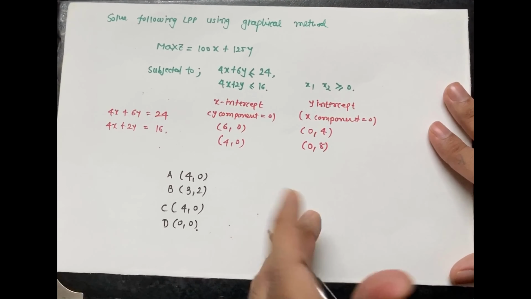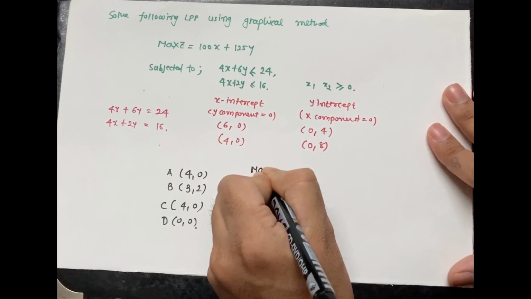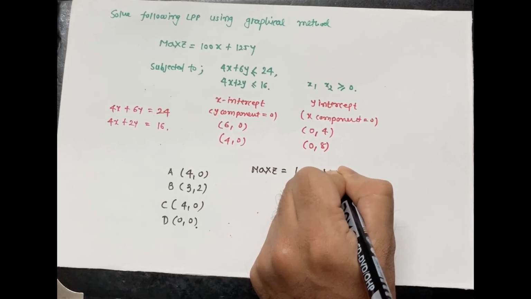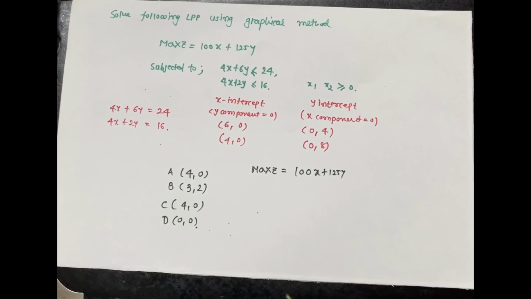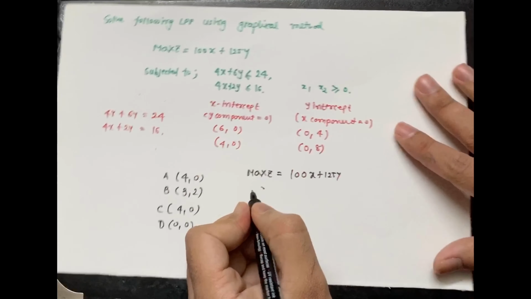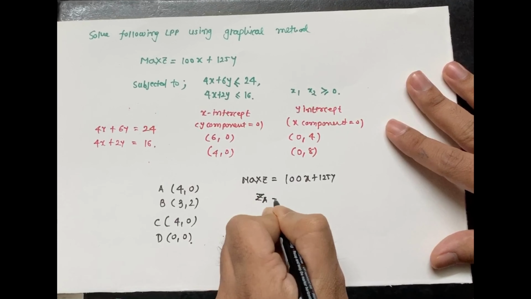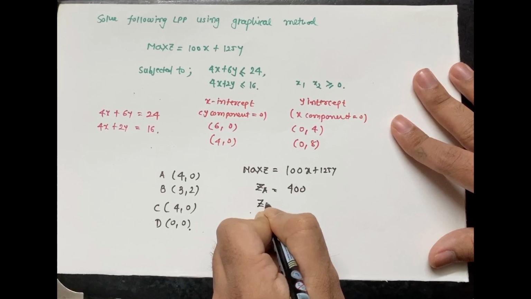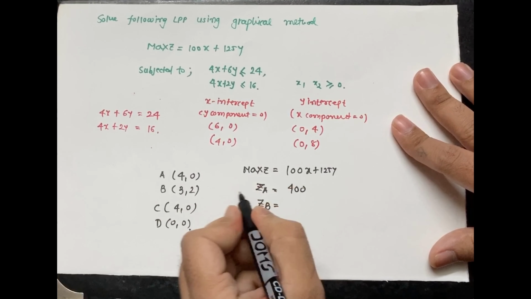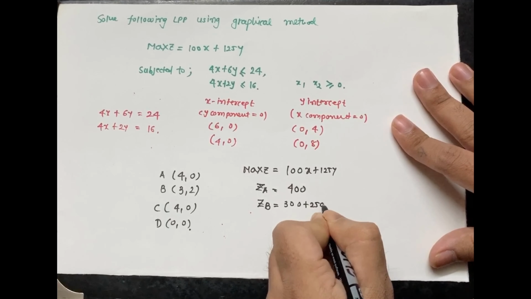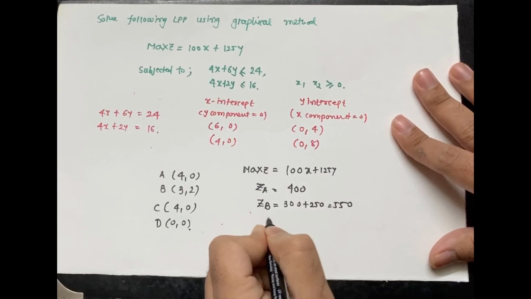The objective function I am writing is maximization of z equals 100x plus 125y. If I put the values of x and y in this equation, ZA is 400, ZB is 300 plus 125 into 2, that is 250, so it is 550.